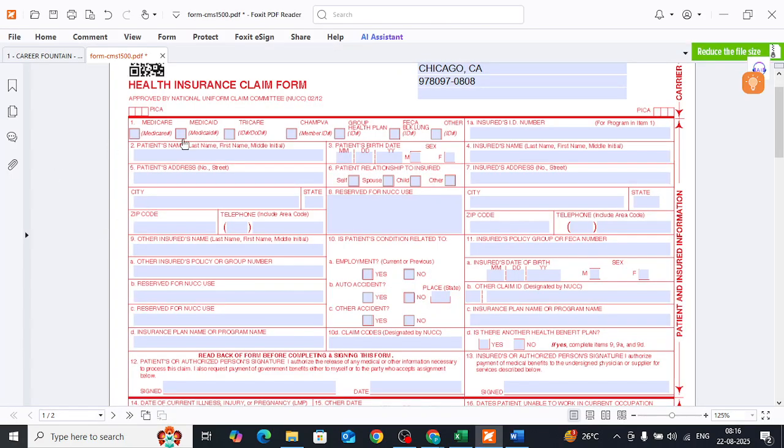The form has a total of 33 boxes, and this second portion, patient and insured information, has two separate portions: the left side for the patient information, and the right side for the subscriber information.